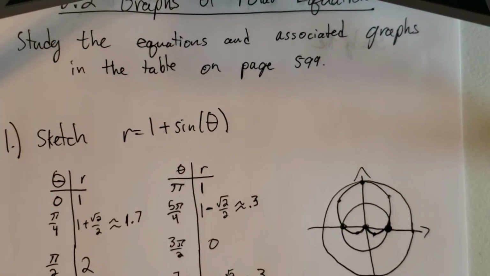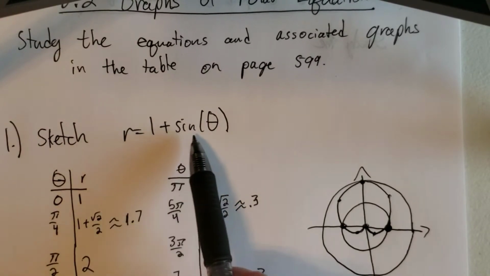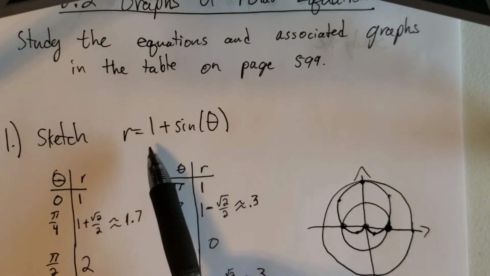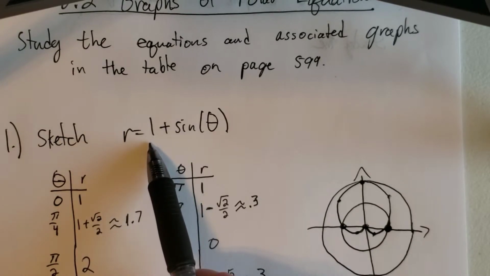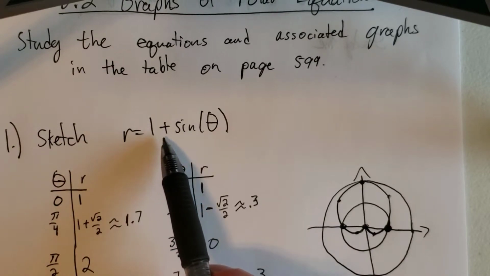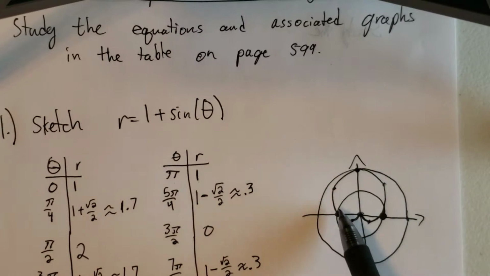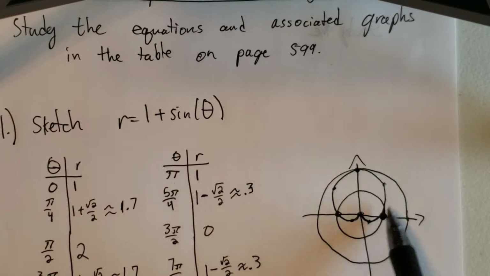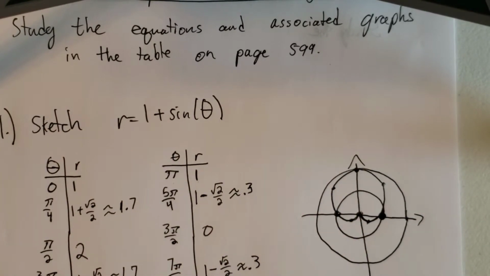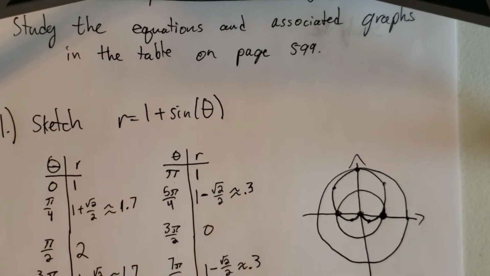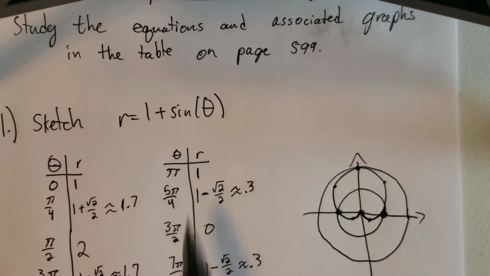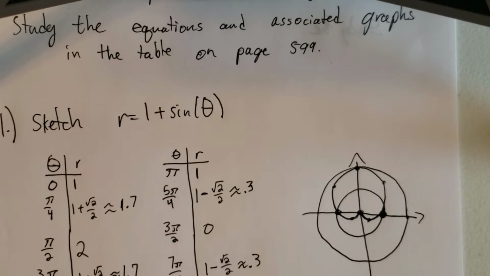Functions of the form 1 plus sine theta or something similar, a constant plus or minus a constant times sine theta, should give us equations similar to this. Again, that's all on the table on page 599, so look at those different variations on the cardioid and different variations of functions similar to 1 plus sine of theta.